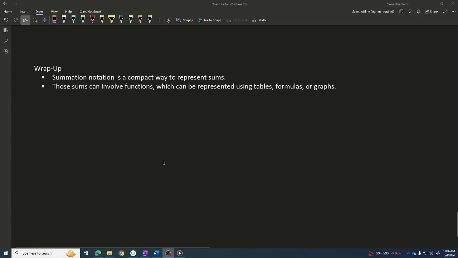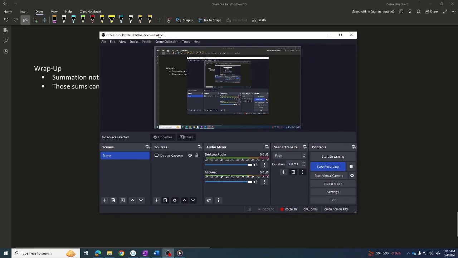Those sums can involve functions, and those functions can be represented using tables, using data, but they can also be represented using formulas, as we've seen before. And they can also be represented using graphs. This graphical connection to summation is going to be really important for us as we go forward into the next couple of lectures concerning a special kind of sum called a Riemann sum.